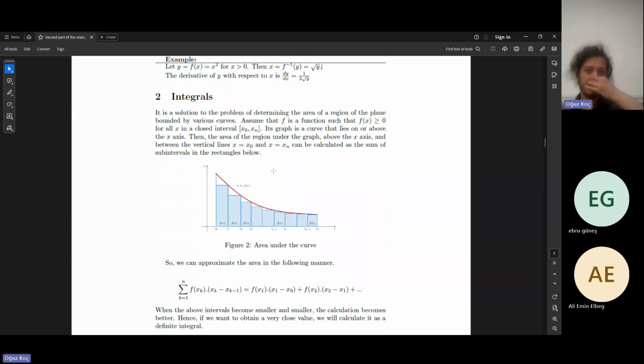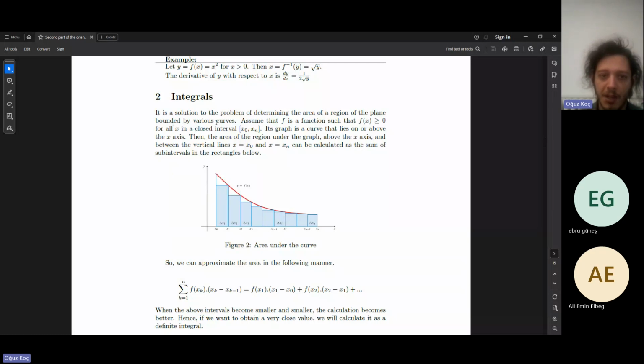Okay, in the second part, we have integrals. And then we pass to linear algebra, but I want to talk about integrals a little more. It is actually a solution for determining the area of a specific region. It could be a plane, or it depends.